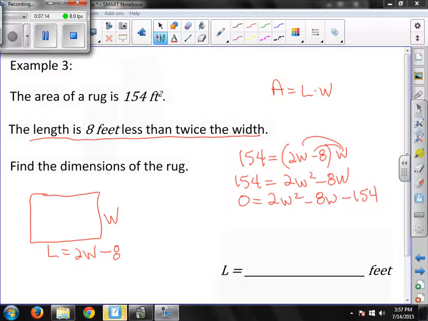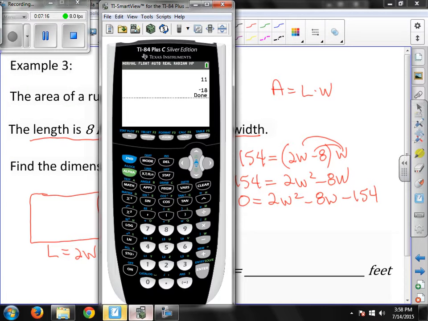Okay, so we're ready to use our quad program. Program quad, enter. A is 2, B is negative 8, C is negative 154. My W is 11 or negative 7.